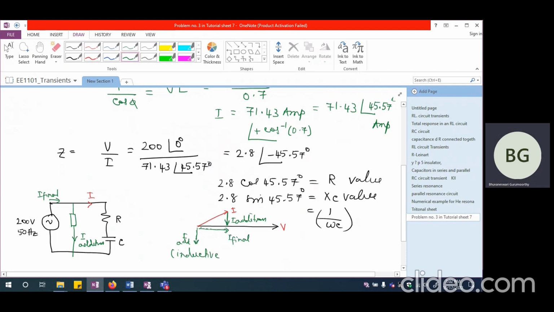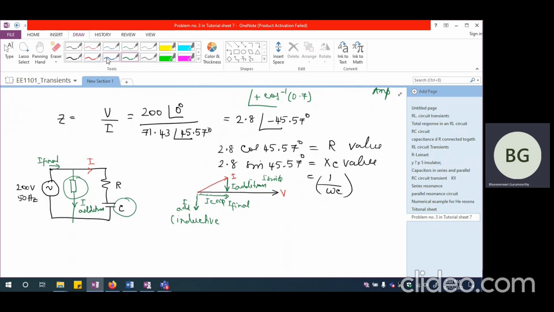So what I can try to do is to get this particular current's value. I can try to decompose this current I along the voltage, so I can call this I cos phi and I can call this I sin phi. So I should be able to calculate the real power and reactive power, and I can insert an inductance here such that it will consume the reactive power that is generated by the capacitance.